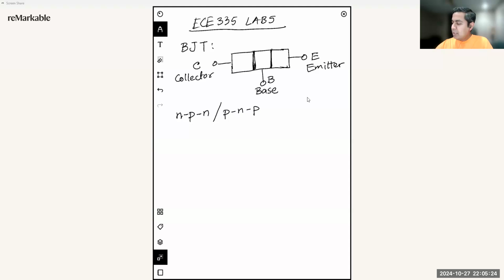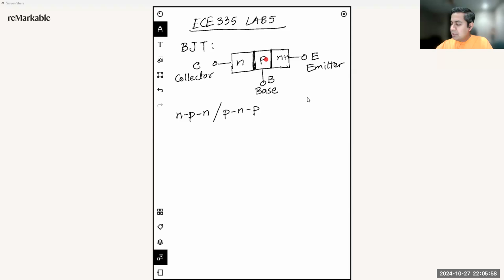So for an NPN transistor, you can see that the regions are doped in three different types of areas. The collector will be N-type, the base will be P-type, and then the emitter will again be N-type. There will be a difference of doping concentration. Usually the emitter is doped heavily, as you already know; it's the most concentrated doped area in this device.